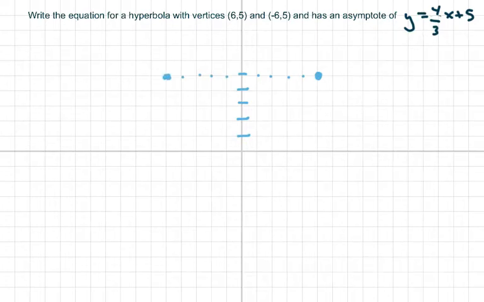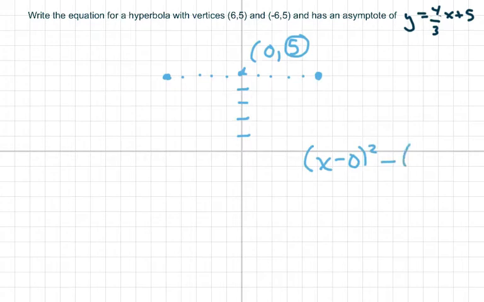It also has an asymptote at y equals 4/3 x plus 5. My center here is going to be at x is 0, y is 5. So I'm going to go ahead and write this hyperbola, x minus 0 squared minus y minus 5 squared equals 1. And then all I have to fill out is this.